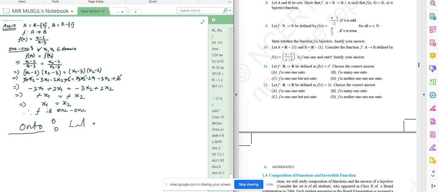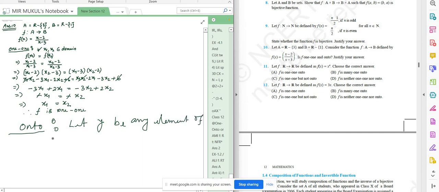Let y be any element of the codomain. So let us check whether we are getting a pre-image of y or not. So y equals (x minus 2) upon (x minus 3).